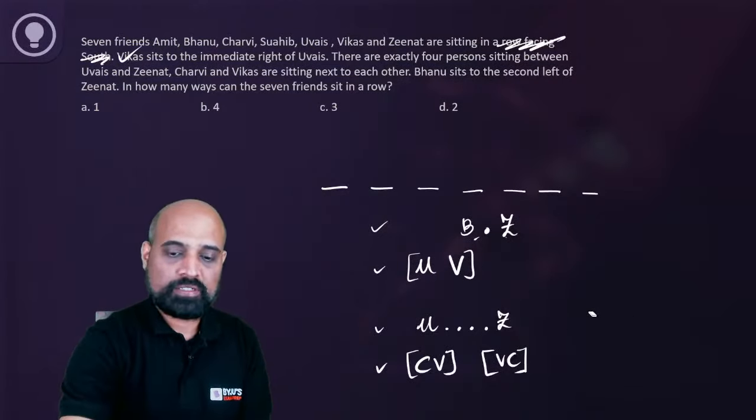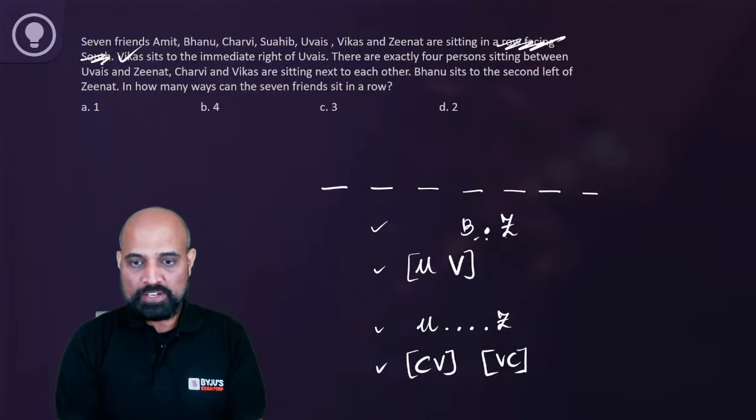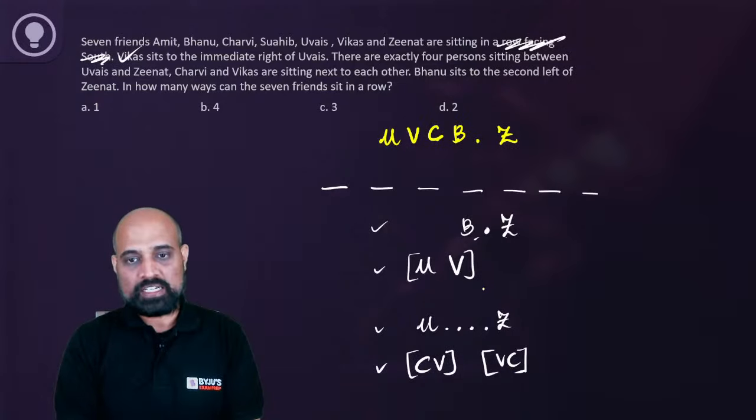This will not happen. Okay, now if I look at this, we have U, then we have a V, then we have 3 dots and a Z, Z dot and a B. V and C are neighbors, so I placed V and C here.